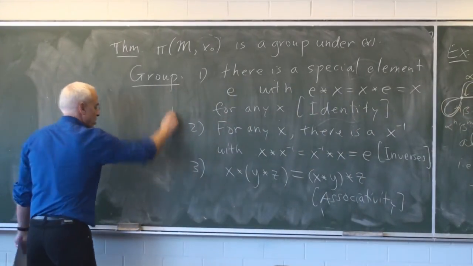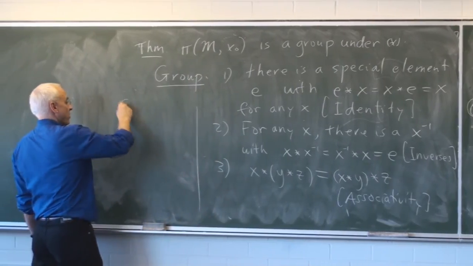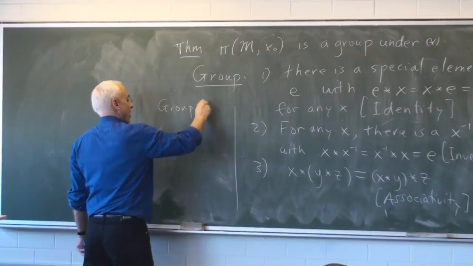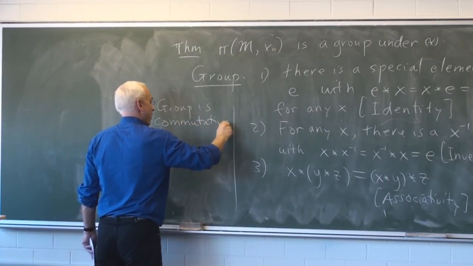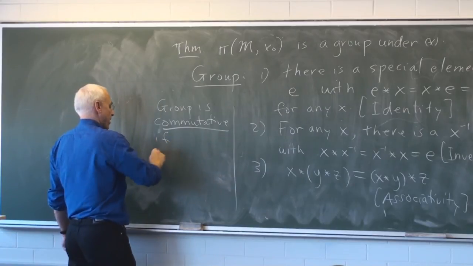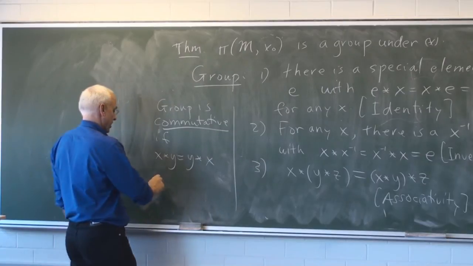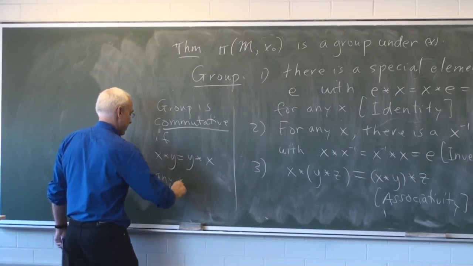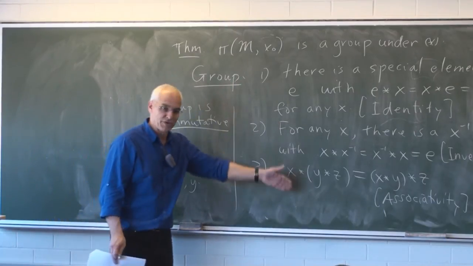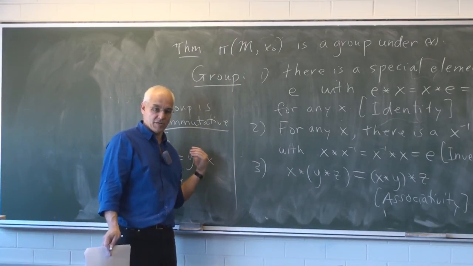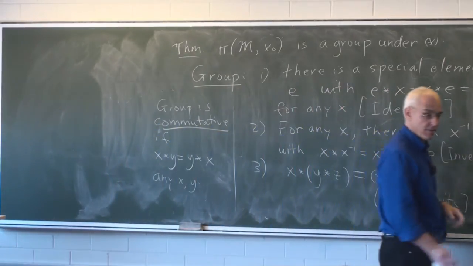And there's then an additional property which is not one of the parts of the definition, but a group is called commutative if in addition X times Y equals Y times X for any X and Y. But the actual rules for a group do not insist that it be commutative, so we're also considering non-commutative groups.